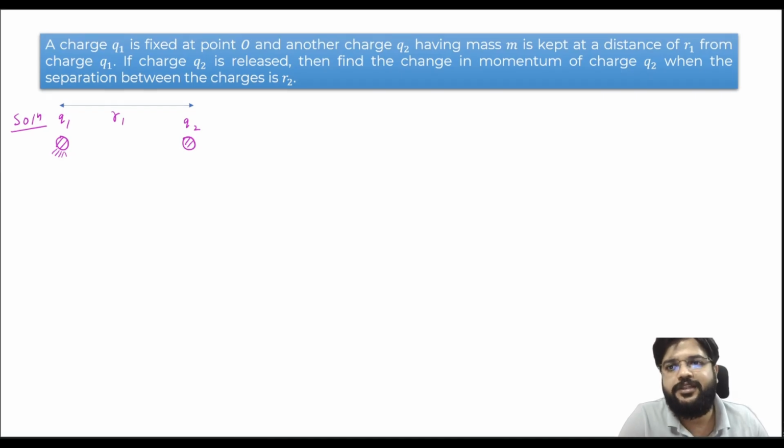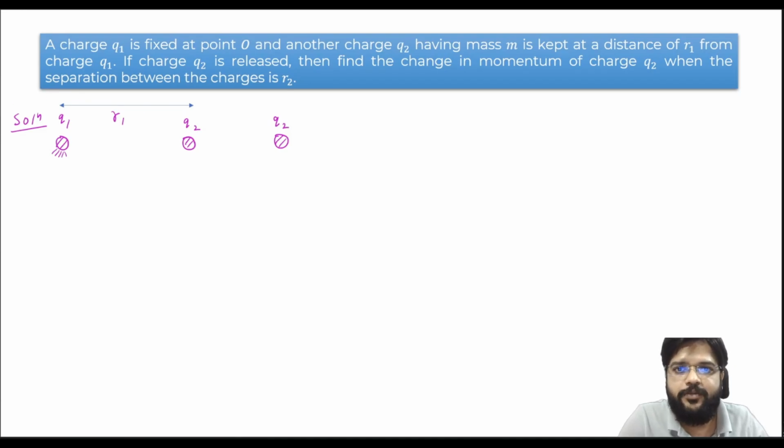Now what we are doing, we are releasing this Q2 charge, correct? So definitely here we have some electrostatic force on this Q2 charge. Due to this electrostatic force, this Q2 charge will move from r1 to r2. Correct.